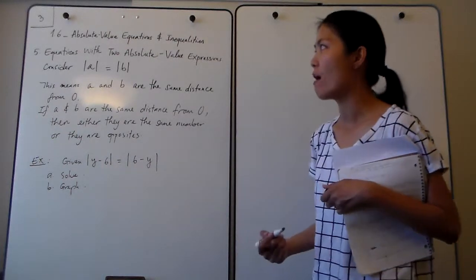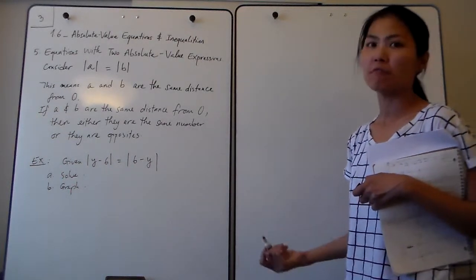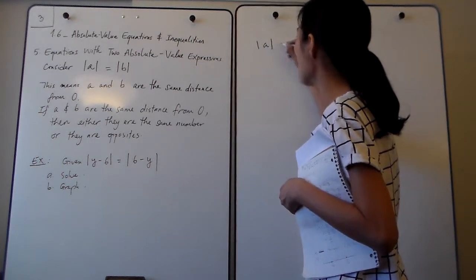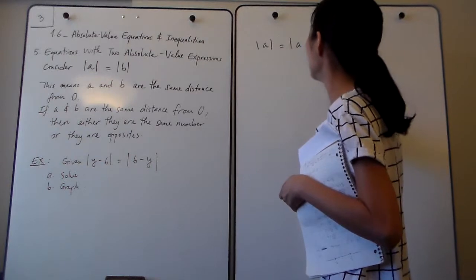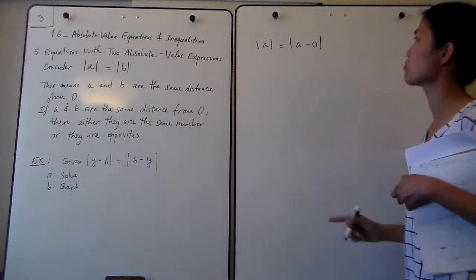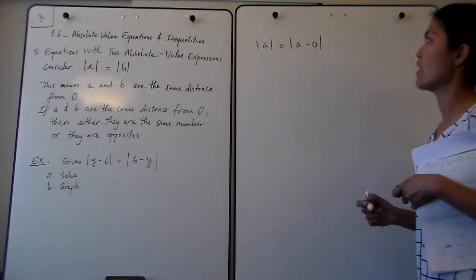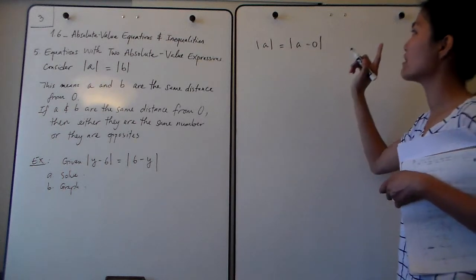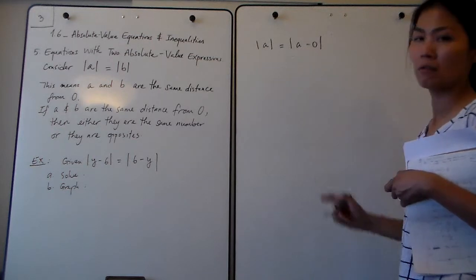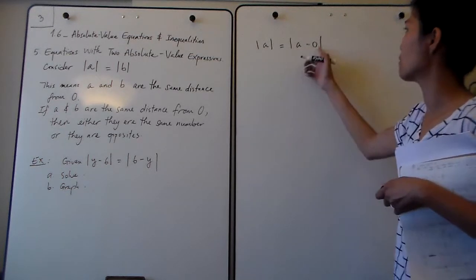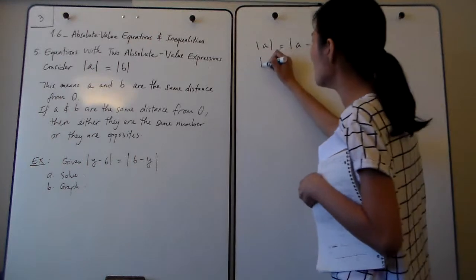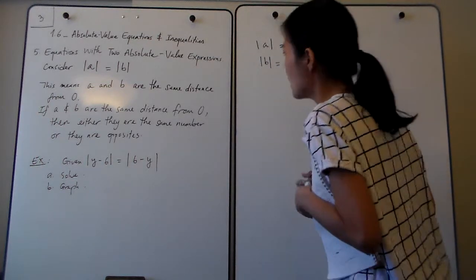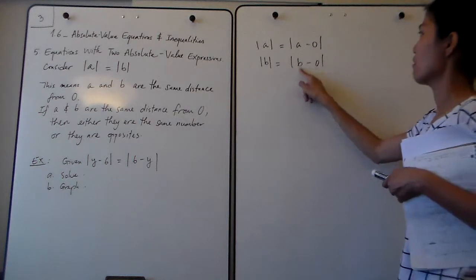Recall, when you think about absolute value, it means finding distance, right? So you can rewrite this notation as A subtract 0, which is A, equivalent to the left-hand side. Now, this absolute value of A means find the distance from A to 0, or the distance from 0 to A. Similarly, we can say B is the distance from 0.